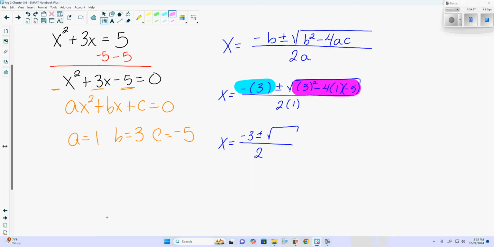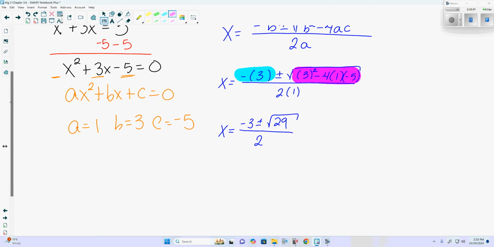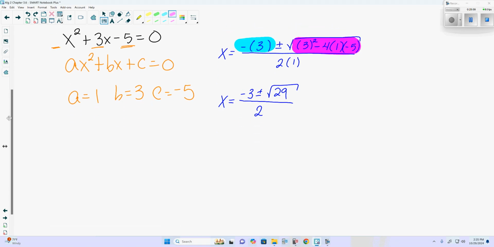Now 29 goes right there. Because our 3 squared minus 4 times 1 times negative 5 is 29. So it tells us we're having to take the square root of 29. Well, questions on how we got to this point before we start trying to simplify further?